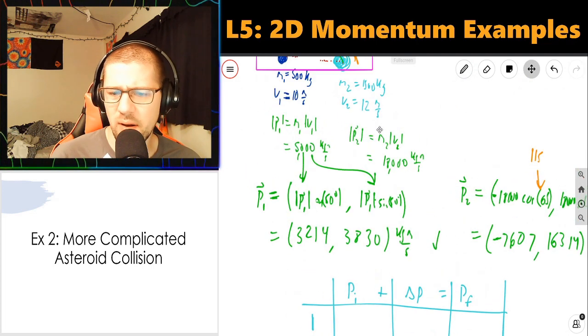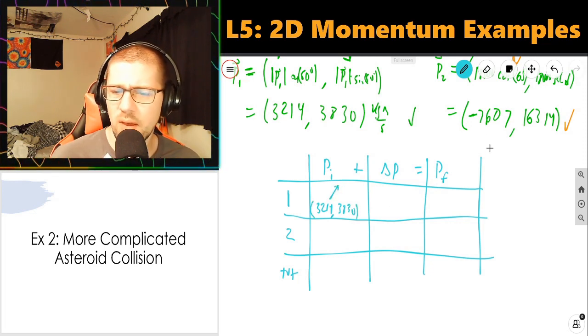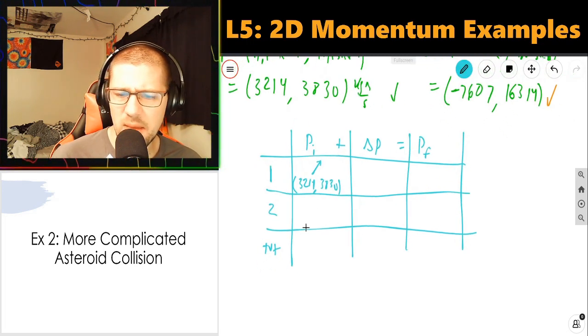It has a value of basically 3214, 3830, which I'll represent as this little vector. Now the second asteroid has a momentum of negative 7607, 16314, which is pretty big. So I'm going to draw it like this.